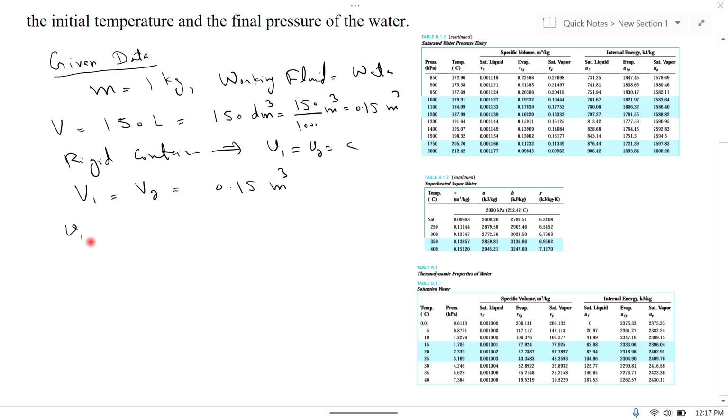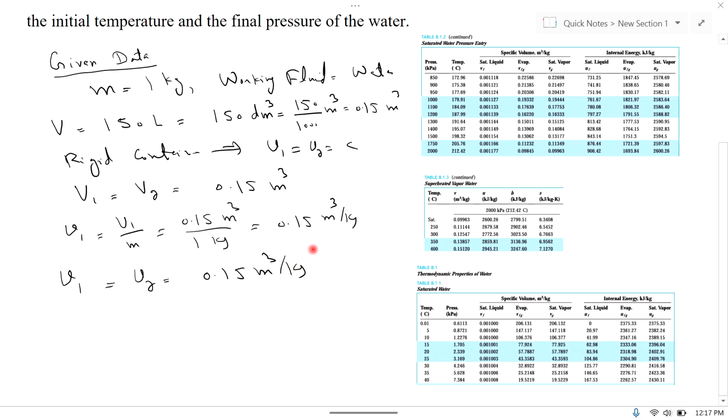It means that specific volume is equal to total volume divided by mass, which is equal to 0.15 cubic meter divided by 1 kg, which is equal to 0.15 meter cube per kg. So V1 is equal to V2 is equal to 0.15 meter cube per kg.